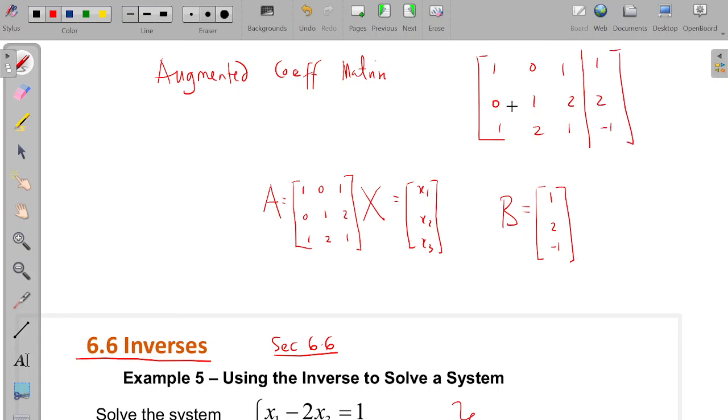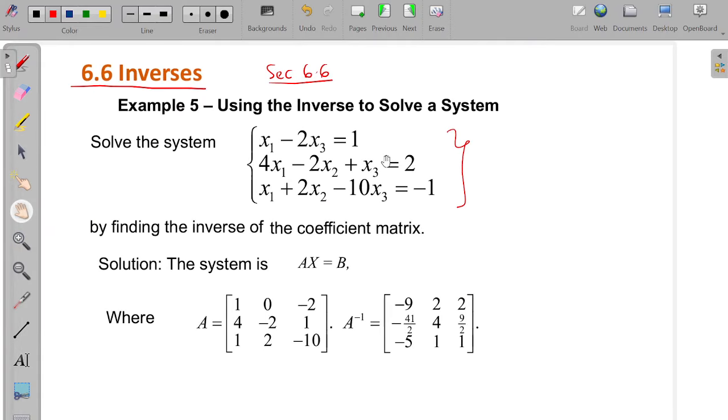Then we perform row operations on this matrix until the whole thing is a reduced matrix, and then we'll be able to get our X1, X2, X3. That is what we did in one of the previous videos. Please make sure that you watch that so that you can understand it. But here now we want to solve using the inverse method.